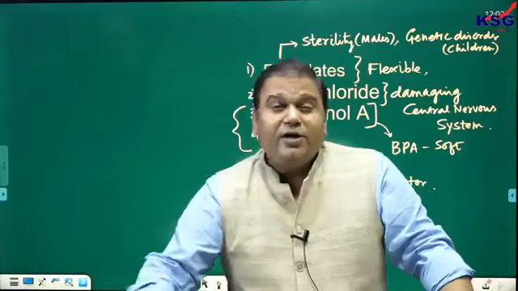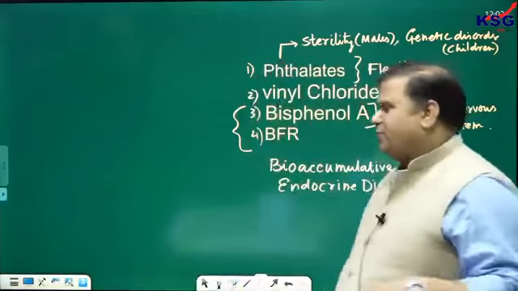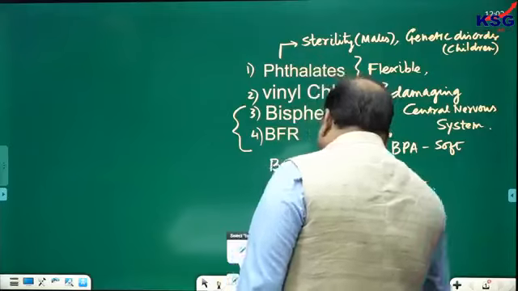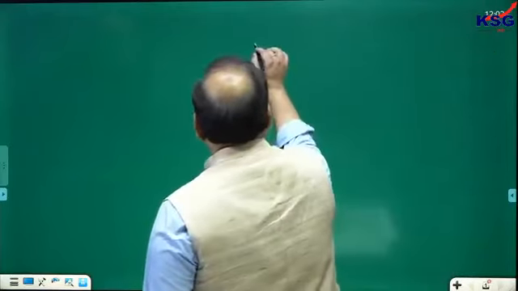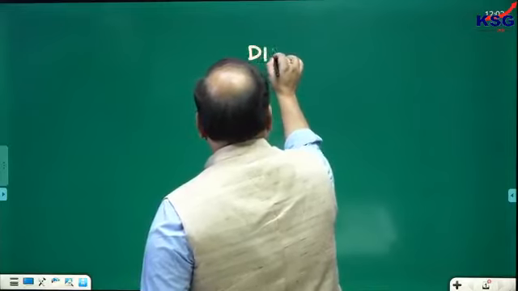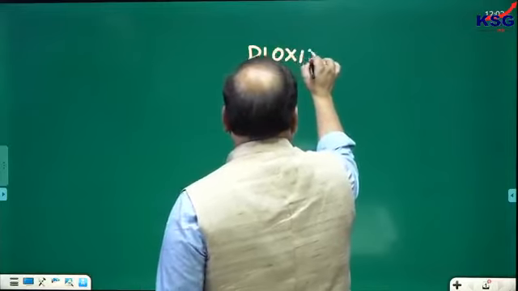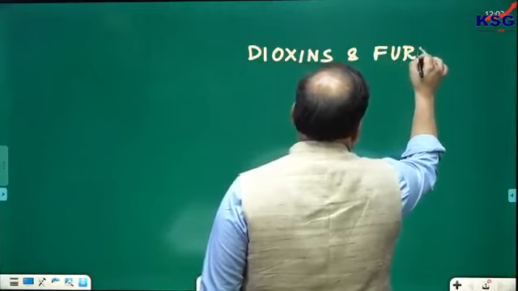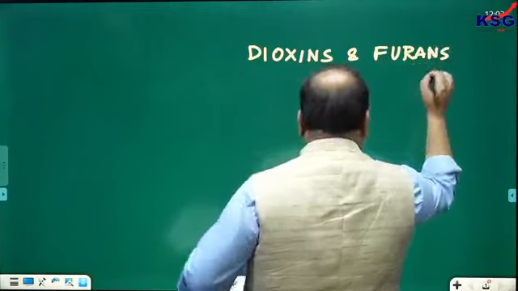Write down, burning of plastic is responsible for emission of toxic gases like dioxins and furans.